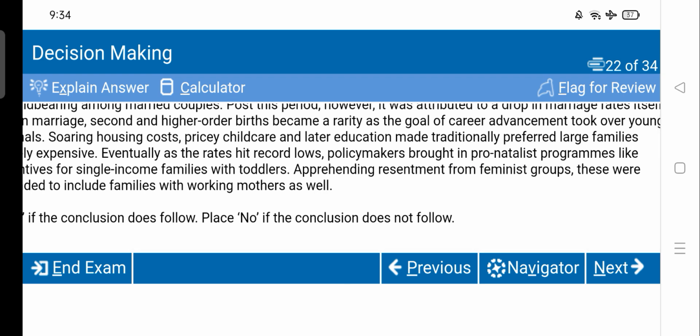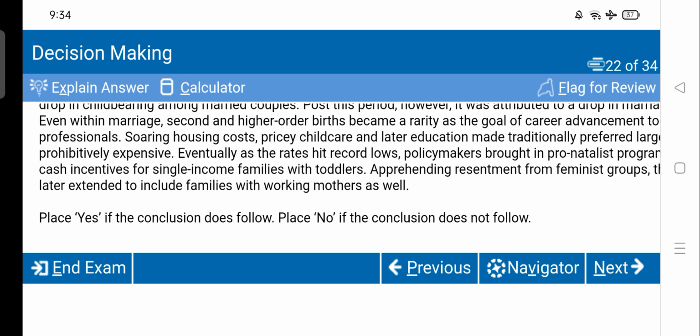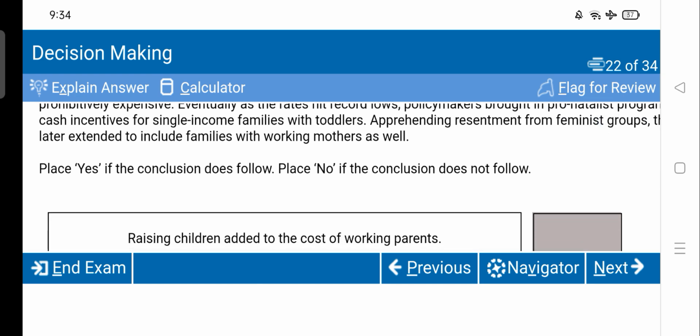Apprehending resentment from feminist groups, these were later extended to include families with working mothers as well. Place yes if the conclusion does follow, and place no if the conclusion does not follow.